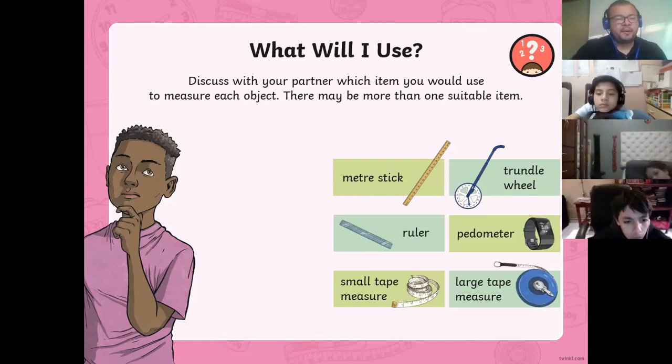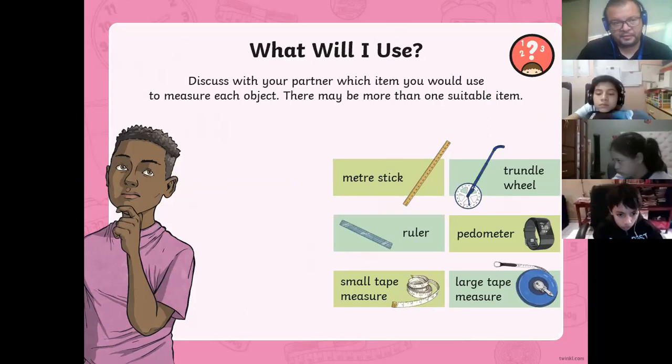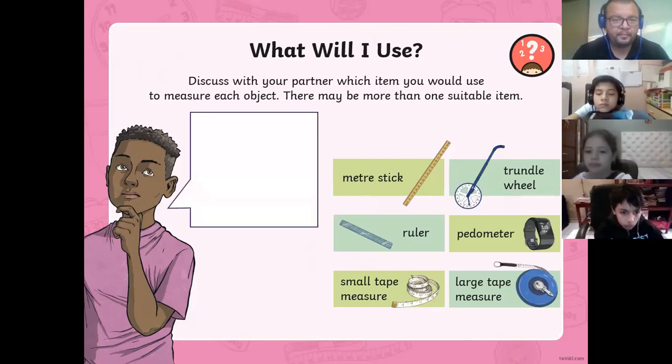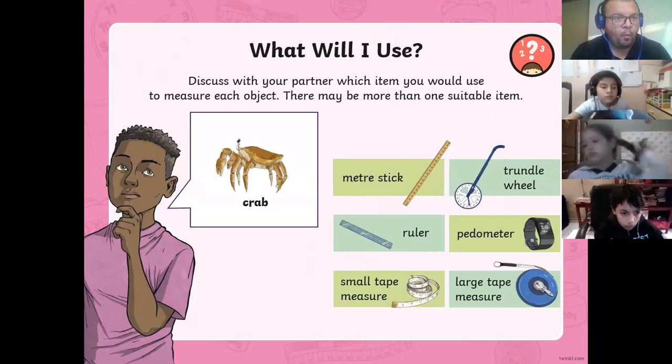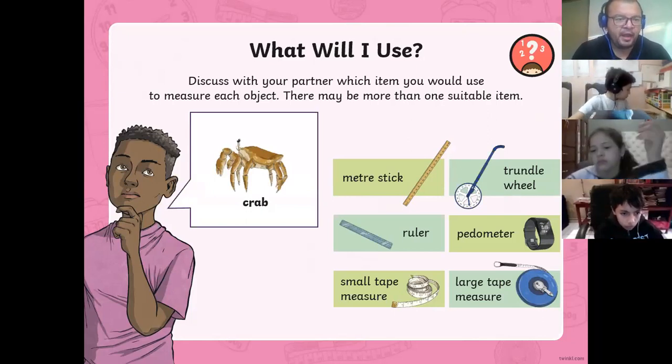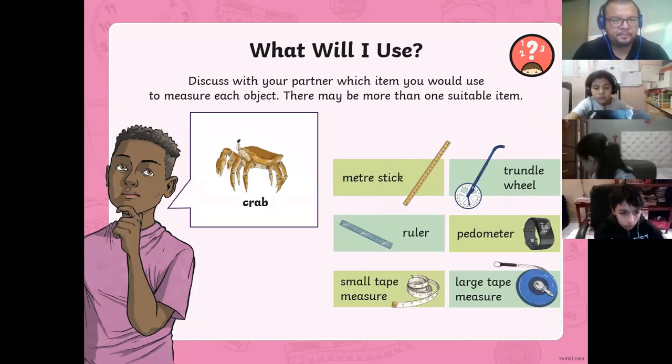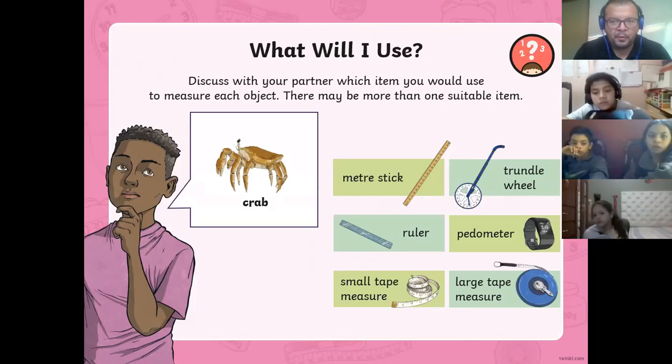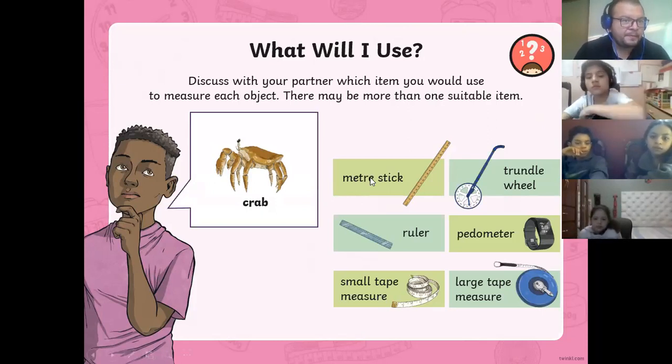We actually use common rulers, actually. All of us in the classroom, in your homework, the thing you use most is a ruler. For example, what are you going to use to measure a crab? A ruler or a meter stick, maybe also.